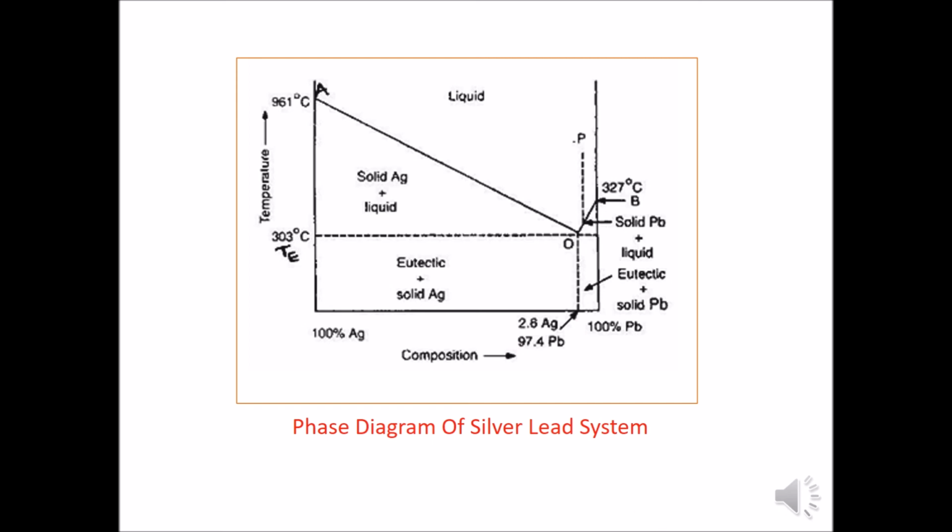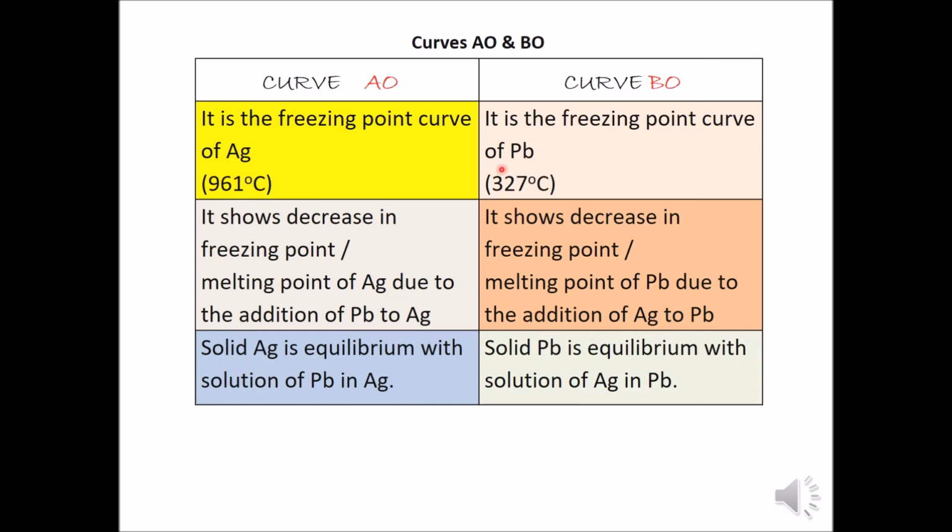Now I have explained these curves one more time here, curve AO and curve BO. Curve AO is also known as freezing point curve of silver, and the melting point of silver is 961. As we go down, silver is freezing because this is the topmost peak of silver. Here BO is called freezing point curve of lead.